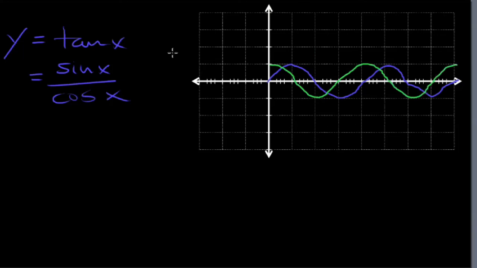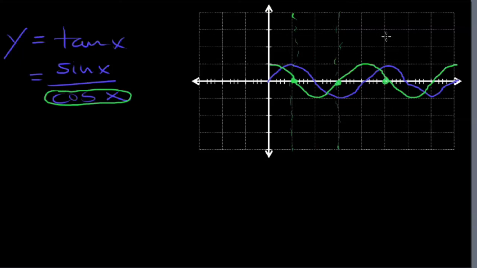Okay, and if we look carefully, anytime cosine is 0, we get an asymptote. Cosine is 0 right here, so I'd have an asymptote right there. It's 0 right here, so I have an asymptote right here.